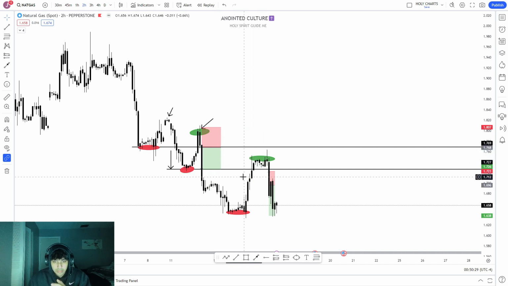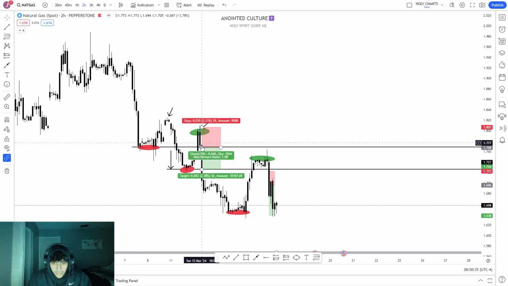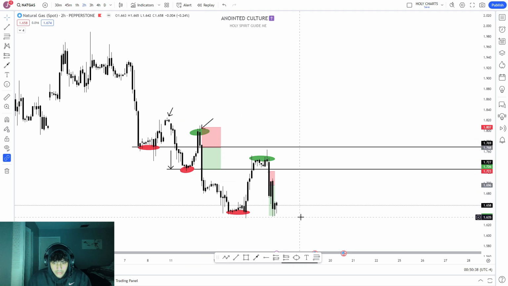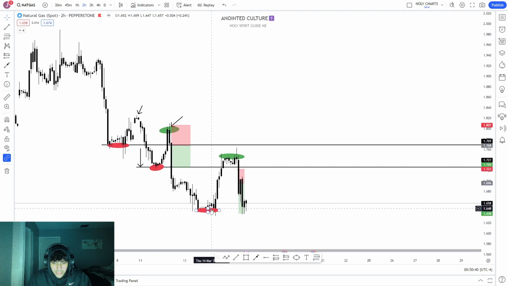Price is always going to repeat itself. All these setups look the exact same. So we wait, price breaks this low and dumps. And what does price do every time it makes a new low or high? It always has to correct itself. So what we do, we wait for that correction, which is perfect. We got the retest right here, right?